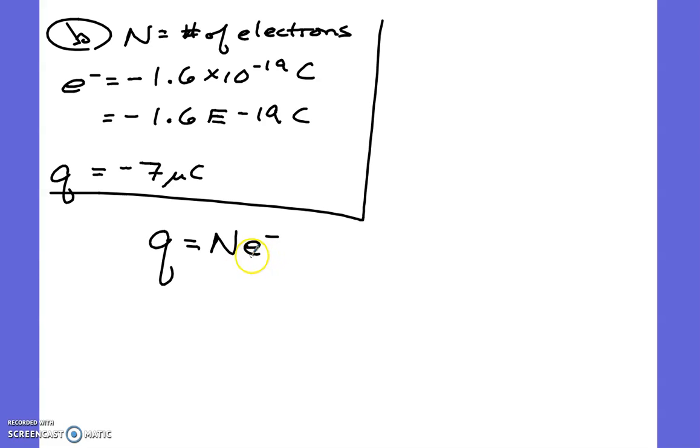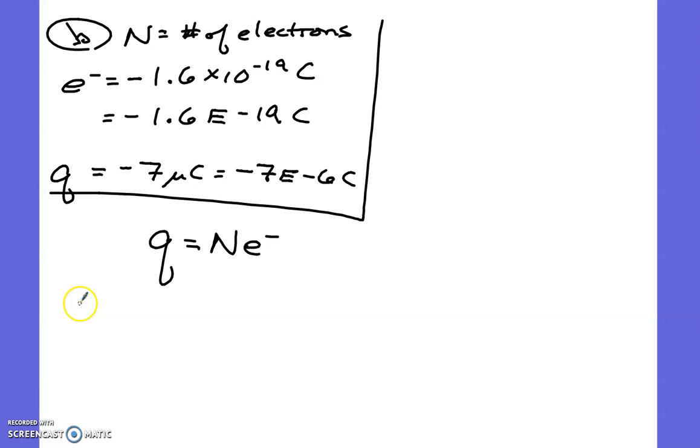If I had 2 electrons, it would be negative 3.2 times 10 to the negative 19 coulombs. We want to know how many of these had to be added together to equal a total of negative 7. Remember, this means negative 7 times 10 to the negative 6 coulombs.